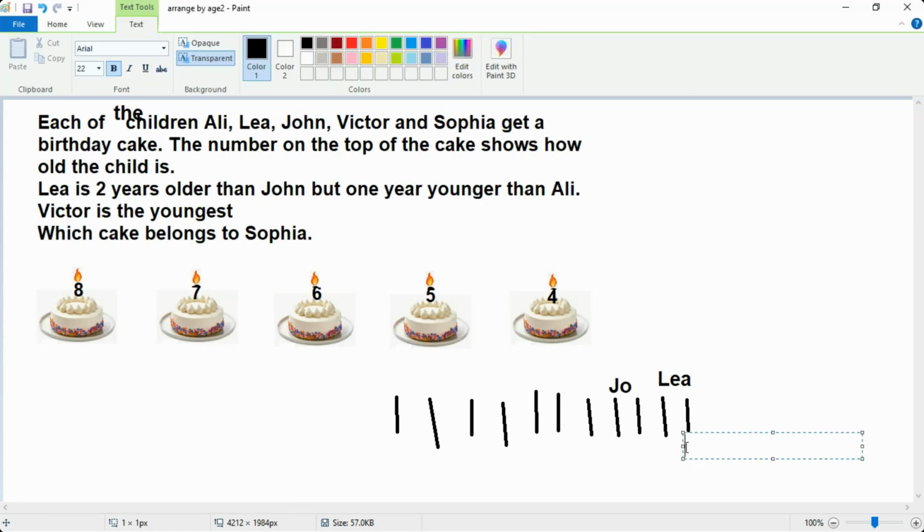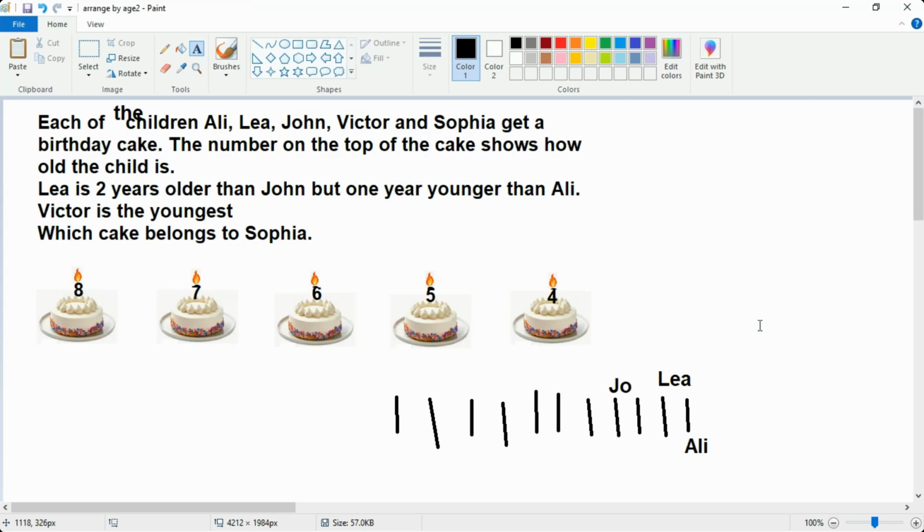So here we put Ali. And then Victor is the youngest. Which one belongs to Sophia? This is the trickiest part. It doesn't say how young Victor is, but Victor is the youngest wherever he is.